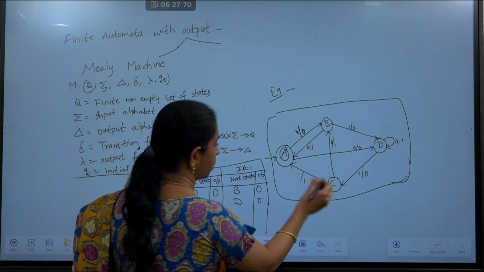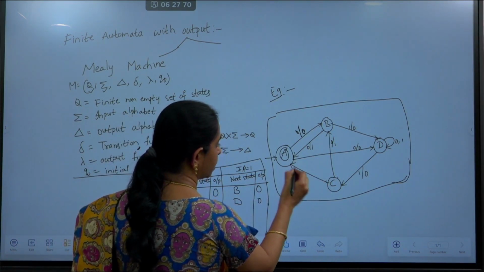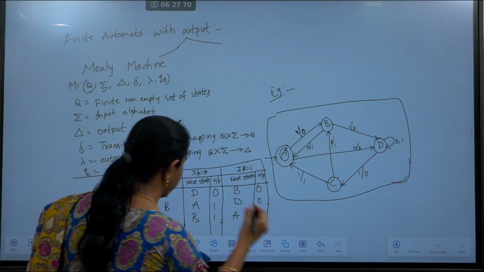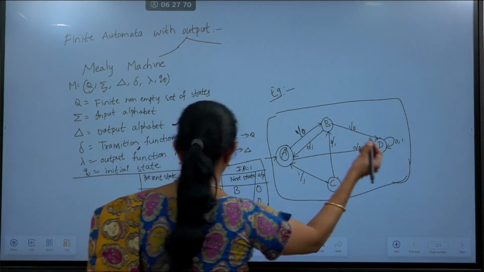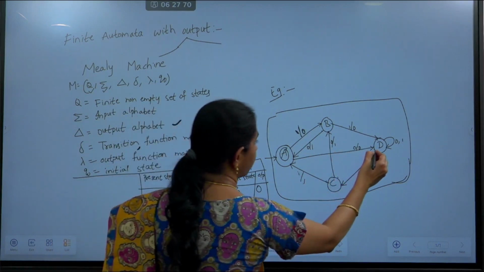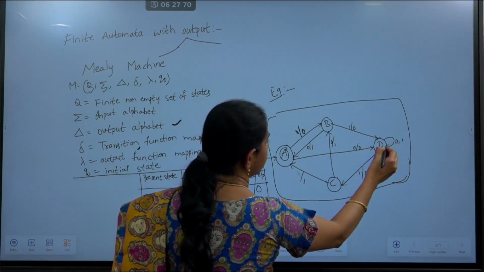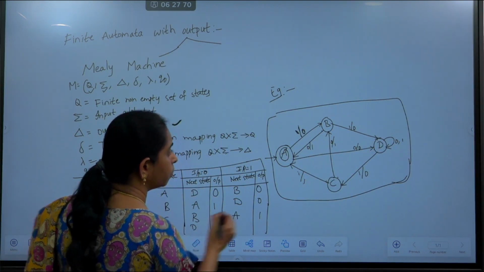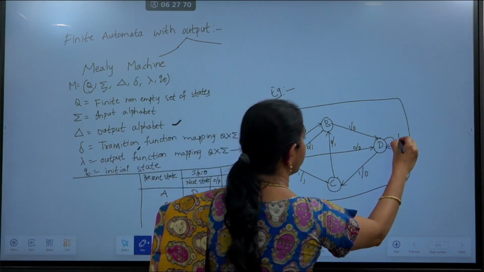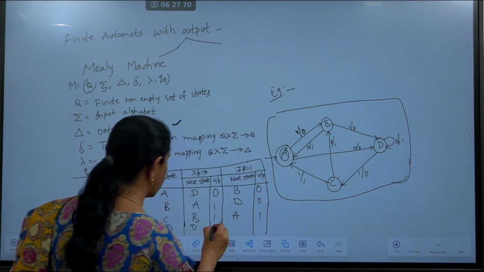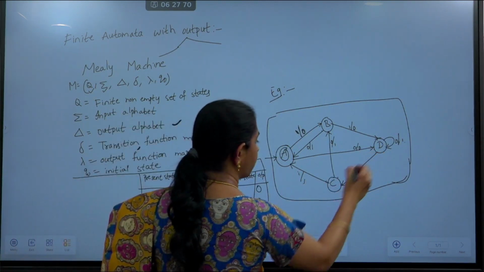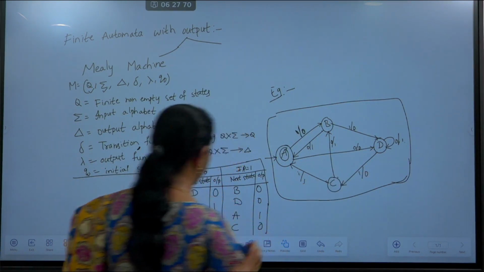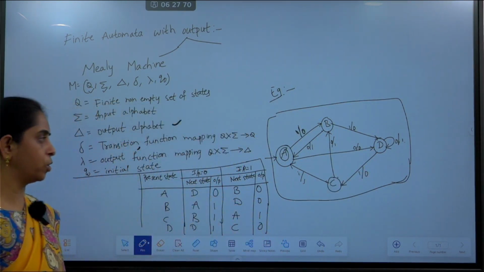C on input 1, the next state is A and the output is 1. Next D. On input 0, the next state is D itself, and the output is 1. D on input 1, the next state is C, and the output is 0.